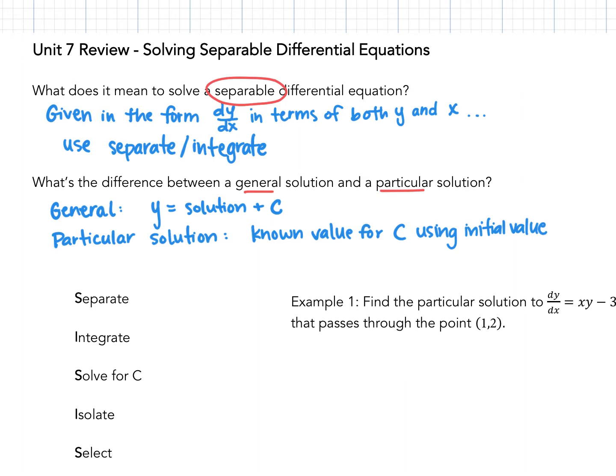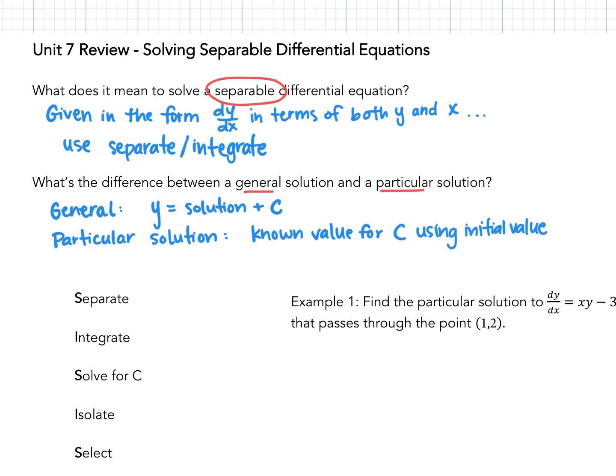You'll be given an initial value, and you'll have to use that to solve for c. A lot of times this initial value will help you determine whether your solution has a plus or minus in it. You refer to the initial condition, the initial value, so you can say, do I use the plus or do I use the minus?